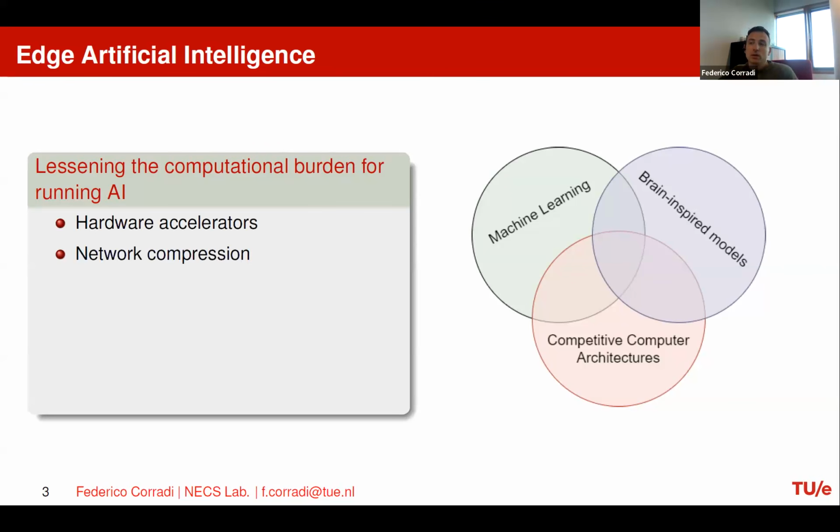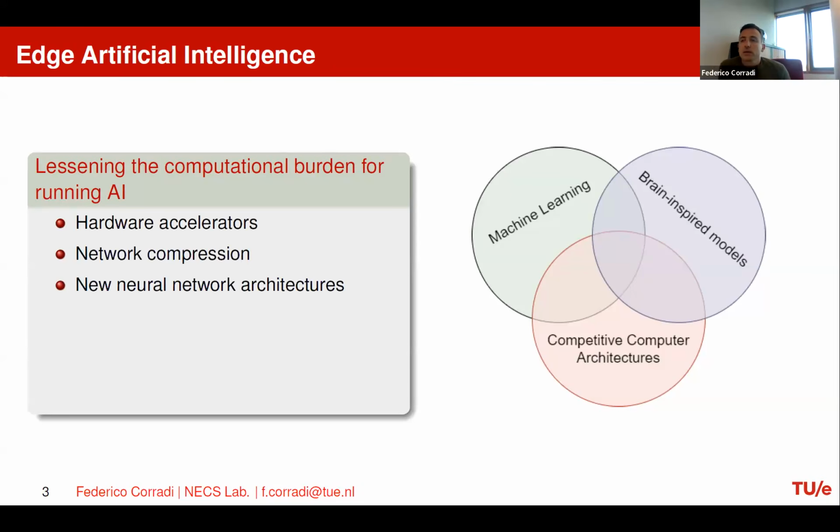And researchers are looking at how to compress neural networks into tiny neural networks that have a small memory footprint and small computational footprint in order to fit them into tiny devices, like, for example, microcontrollers. So network compression is a big field today.